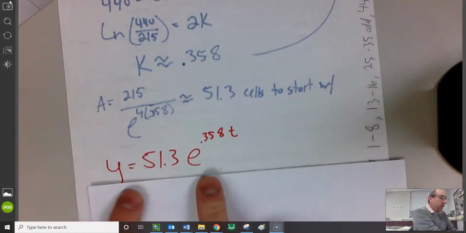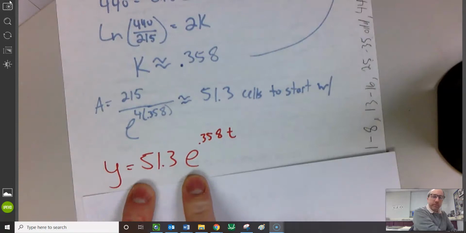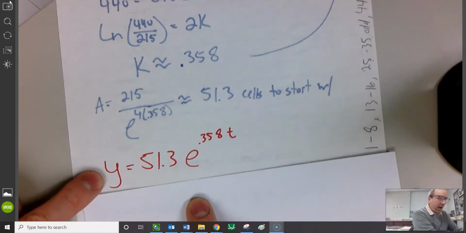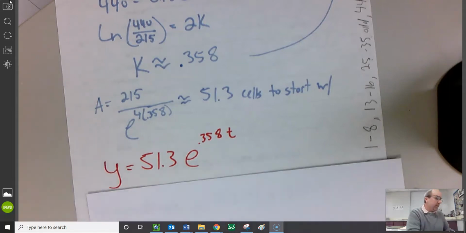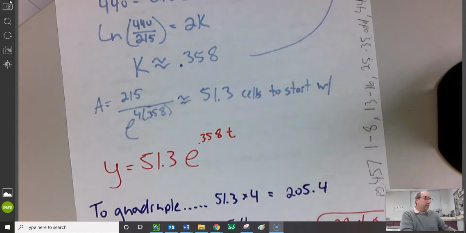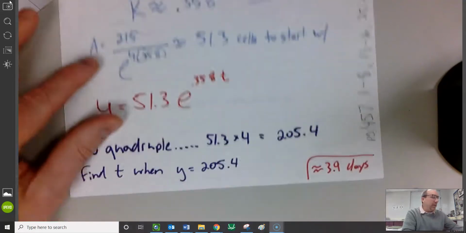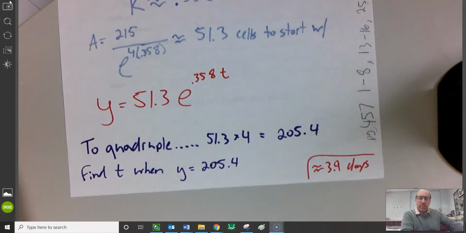So I can go back to the equation I just made. I want the output to be 205.2. That's quadrupled in size. I can solve this equation just like we did. There'll be some natural logs involved, and hopefully you solve it and you get 3.9 days. About 3.9 days for this thing to quadruple in size.